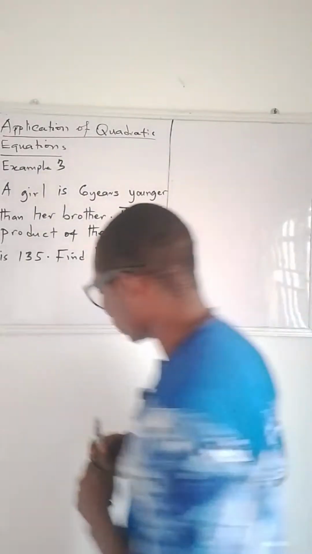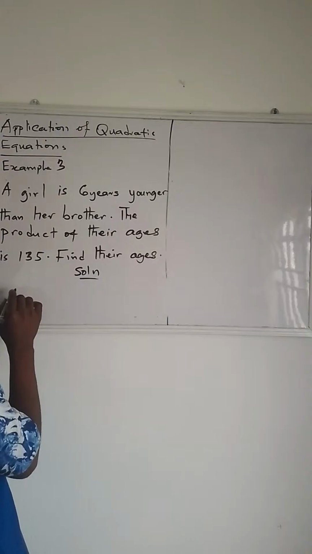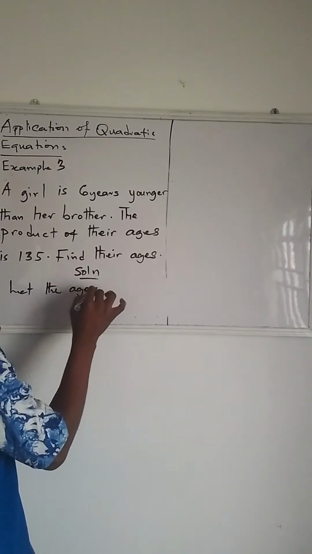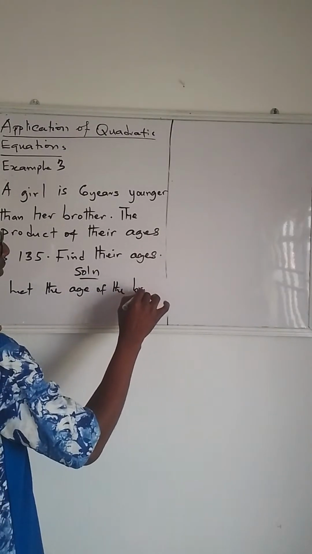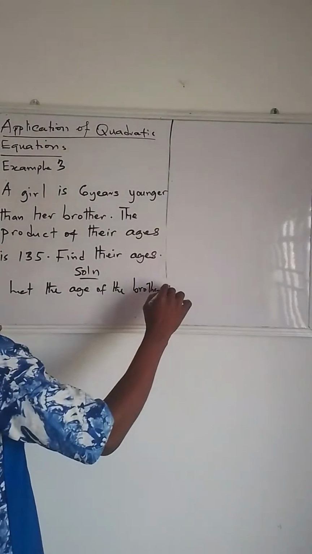Now, let's go on and write that mathematically. So you start by saying, let the age of the brother be what? x.